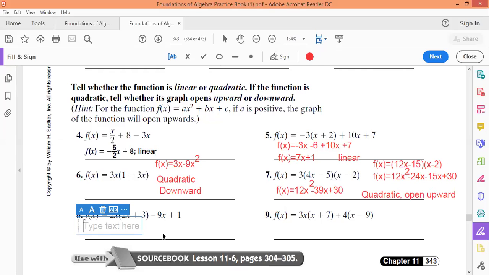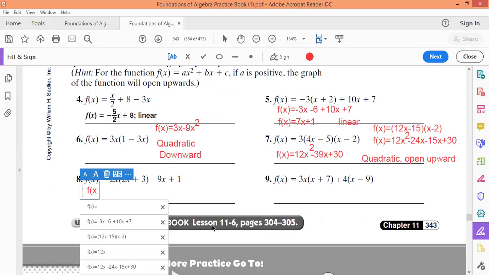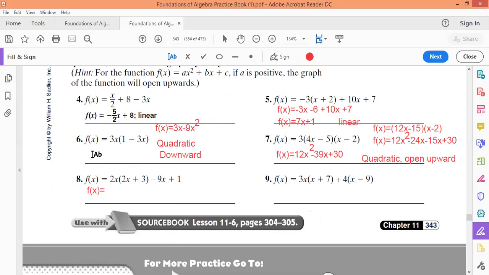Next one, f of x, we will multiply here 2x with 2x and then plus 3. So who will help me in this question now? I'm not going to solve it. You will help me, then I will solve. Tell me 2x times 2x. 4x square.